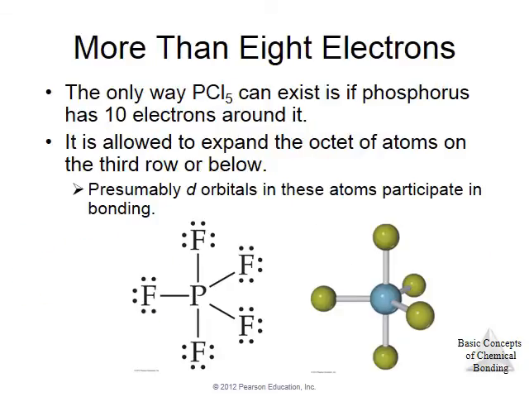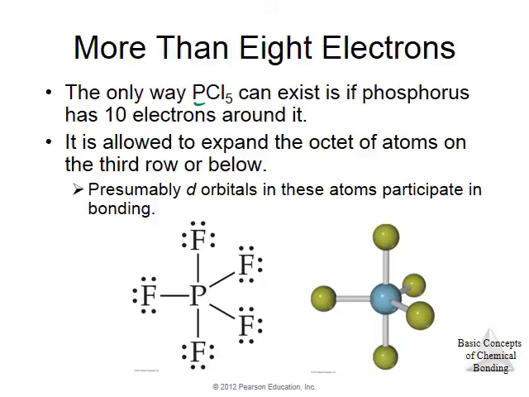In some cases, the exception is pretty obvious, like PCl5. We know that we put at the center the least electronegative element or the element present in the least number. Phosphorus goes at the center, and as soon as you put 5 chlorine or fluorine atoms, it exceeds 8 electrons at the central atom.